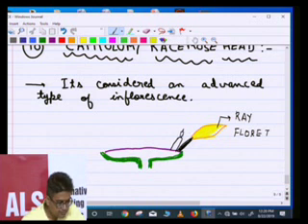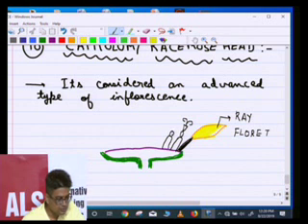These flowers are arranged like this here. Like this here.